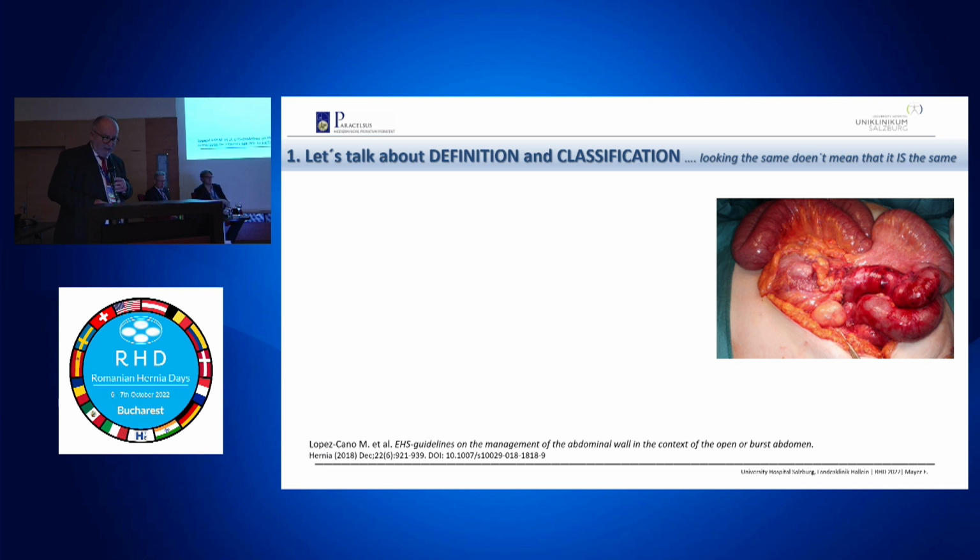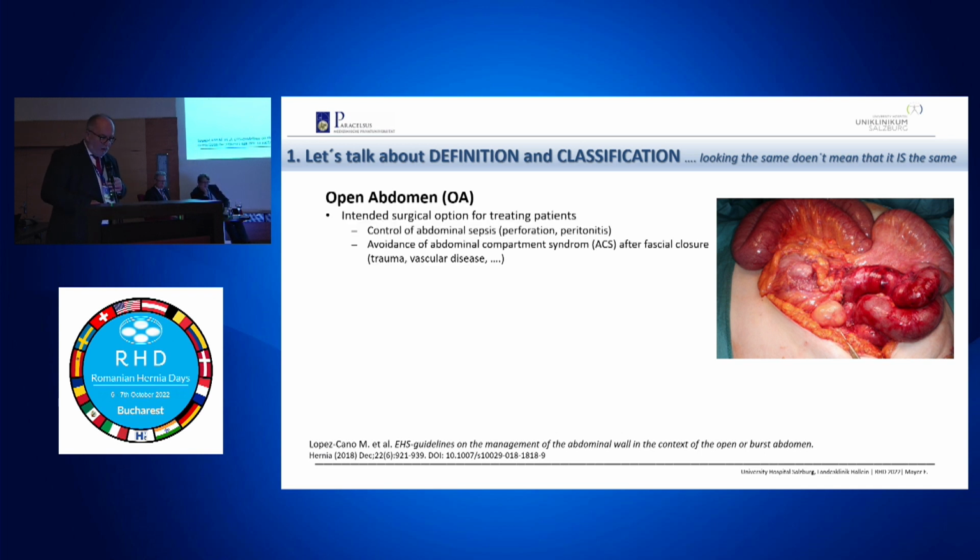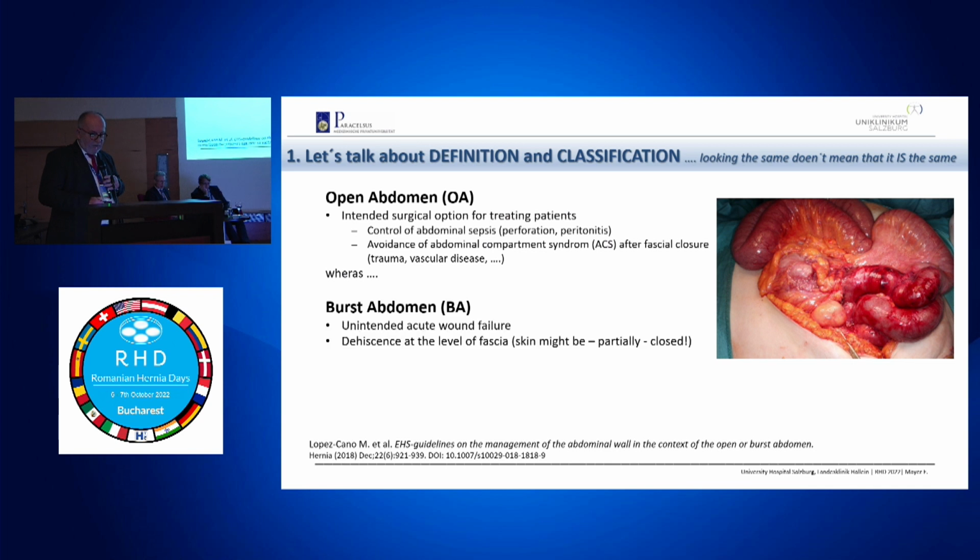Let's talk about definition and classification. Open abdomen is, in most cases, an intended surgical option for treating critically ill patients, to control sepsis, to avoid abdominal compartment syndrome after fascial closure for various reasons. On the other hand, we have burst abdomen, which is an unintended acute wound failure, meaning a descent of the level of the fascia or skin.